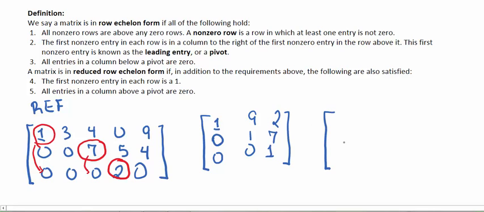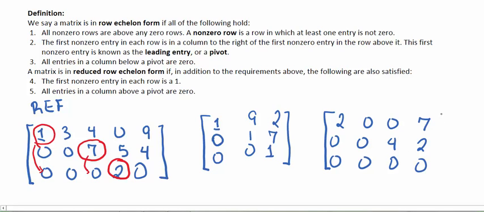One last example. 2, 0, 0, 7, 0, 0, 4, 2, and 0, 0, 0, 0. So this time I do have a row of zeros. And the important thing here is to notice that it is at the bottom. My pivots do move down and to the right, and everything below those pivots is zeros.